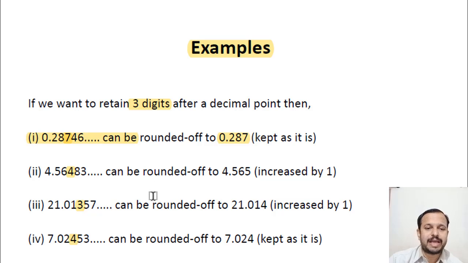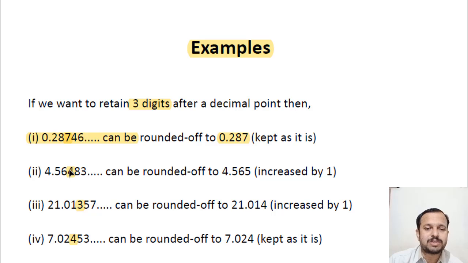Now let us go for example number 2. In this case, the last digit is 4. We want to stay up to here, and we are looking at the digit next to that. The digit next to that is 8, and 8 is greater than 5. When the digit next to the last digit is greater than 5, we have to add 1 to this last digit. So it will become 4.565.